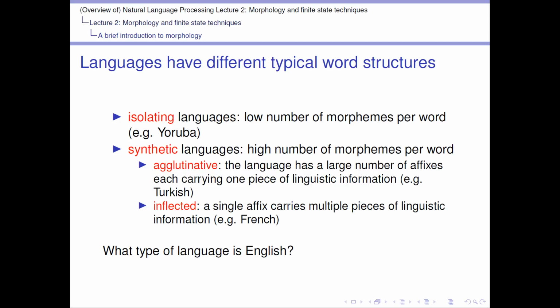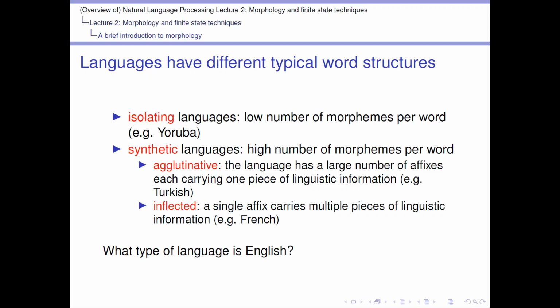So if you see what I mean, you've got more than one piece of linguistic information embedded into one particular morpheme for the inflected languages, but for the agglutinative languages, we don't combine them. We just keep adding separate ones that always keep their meaning. So an example of an agglutinative language is Turkish, and then the Romance languages tend to be inflected, so they carry more than one piece of information in the inflecting morphemes.